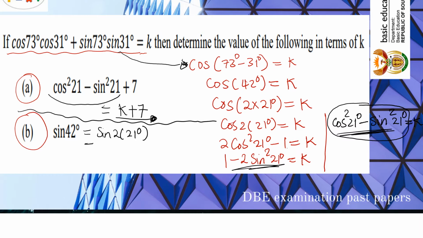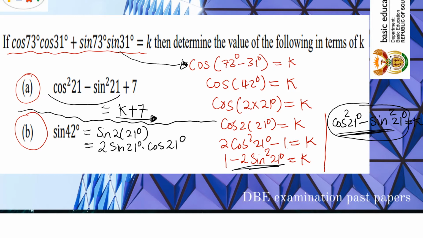So now we can use the double angle of sine. It's 2 sine 21 degrees multiplied by cos 21 degrees according to the rule, right?